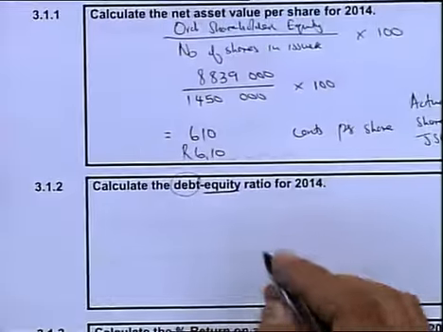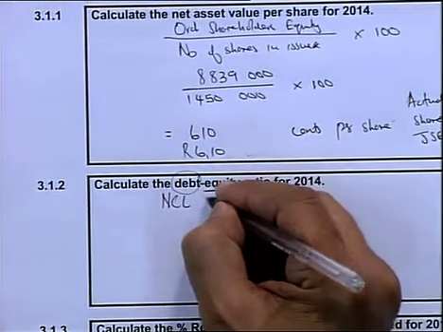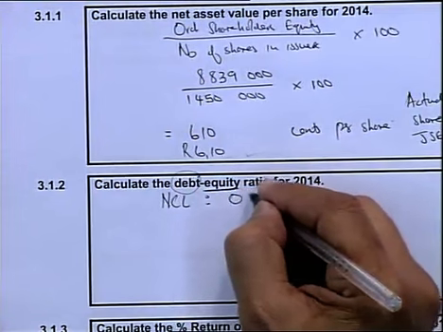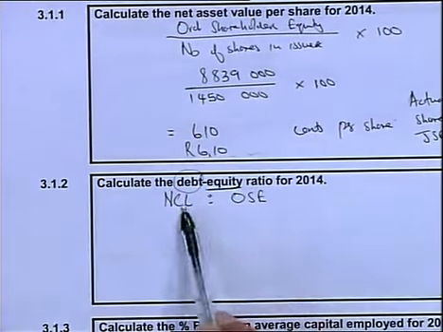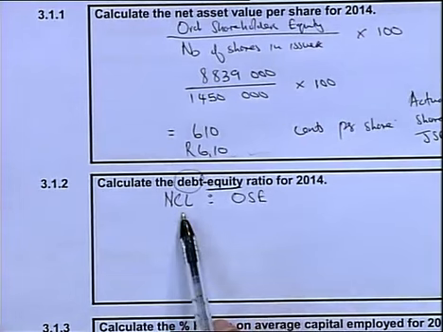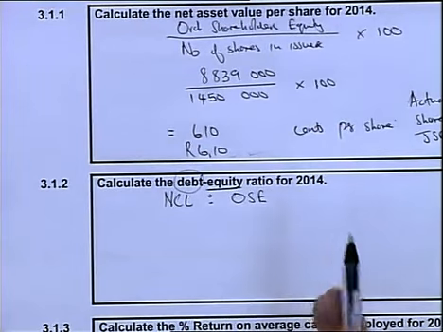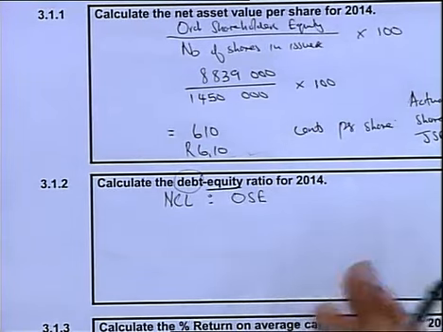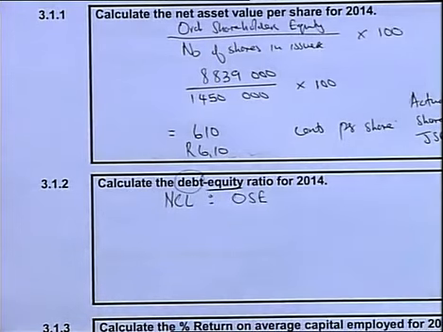Okay, so the formula there, simple, it's non-current liabilities is to ordinary shareholders' equity. Okay, so in the ratio, you're going to express it as something is to 1. So the item on the right hand side, that will always equate to 1. That means both sides you'll have to divide by the amount on the right hand side.